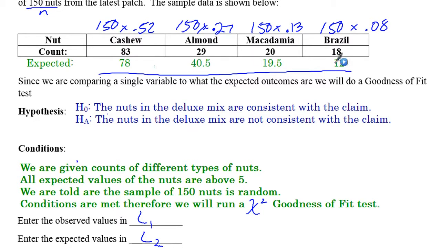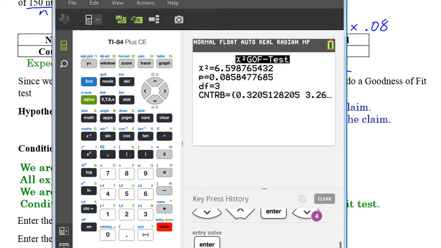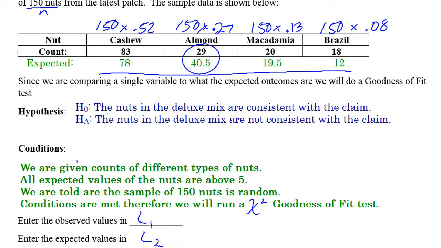So if you're looking at the data here, which one threw us off the most, it looks like almond, 29 to 40.5, but if we go and look at the calculator, our first value was 0.32, so that's not too bad, and if you scroll over, the next one was 3.2, and then the one after that was 0.01, and then after that was 3. And so it really was the almond that had the largest component. So that was throwing us off.